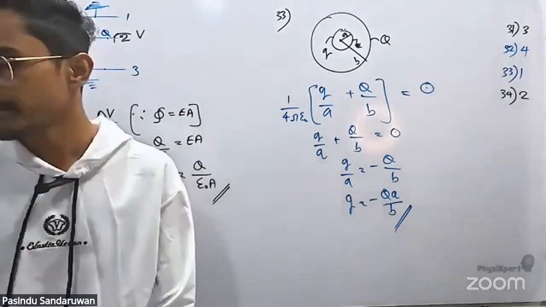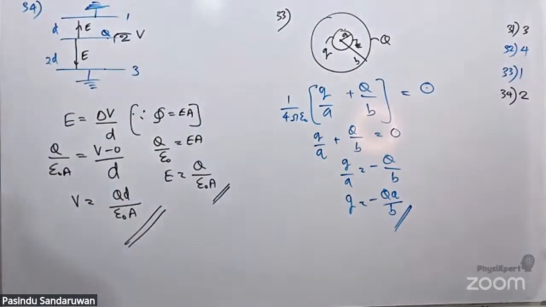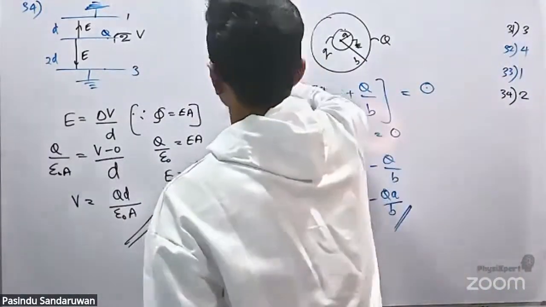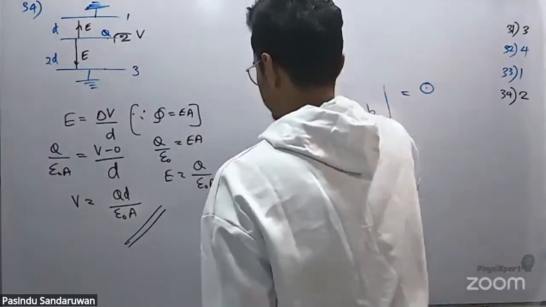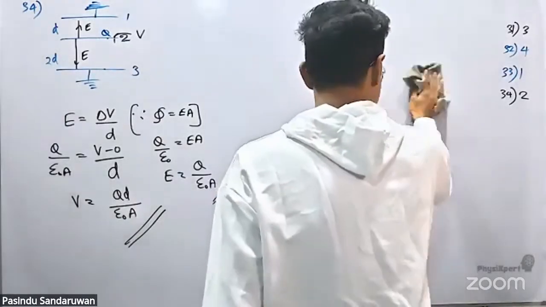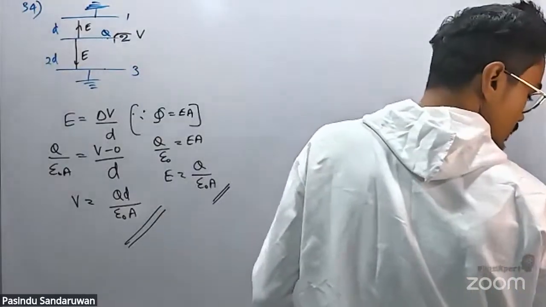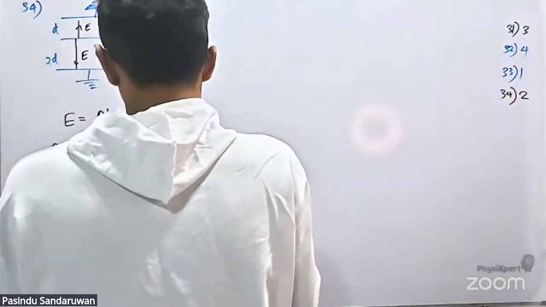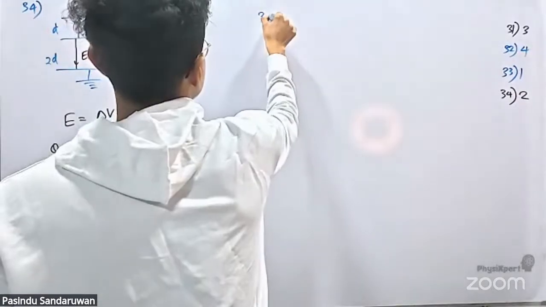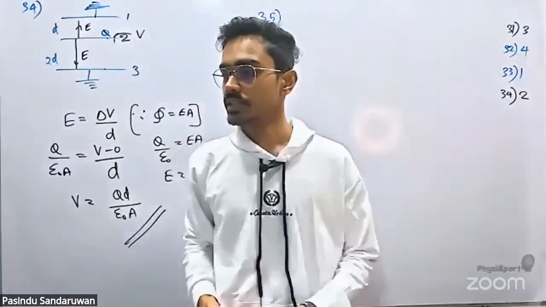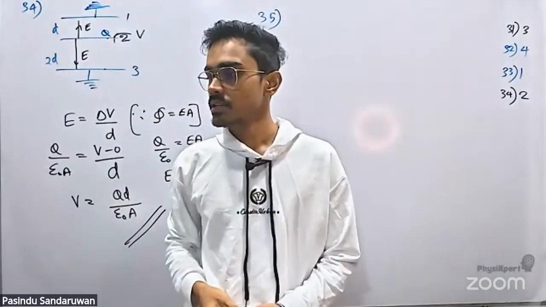Then 35. The table given below represents some R and L readings.